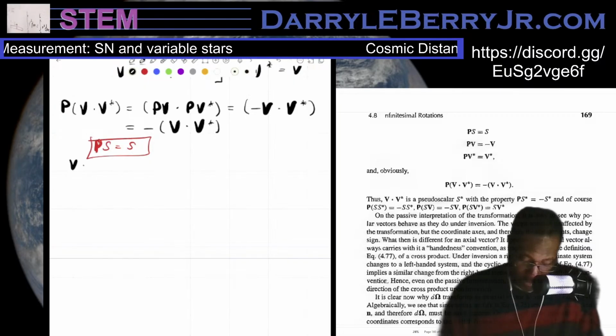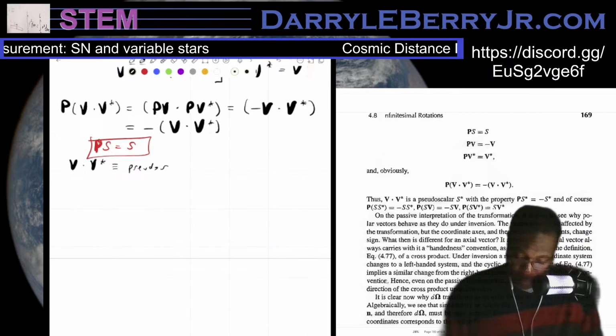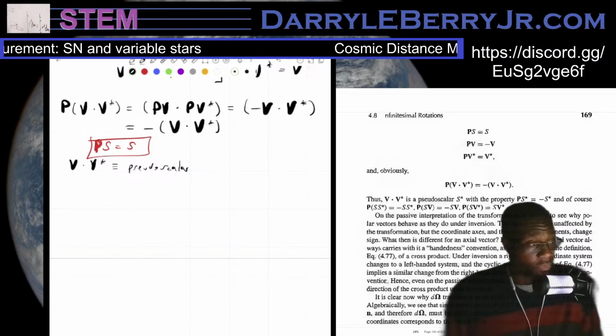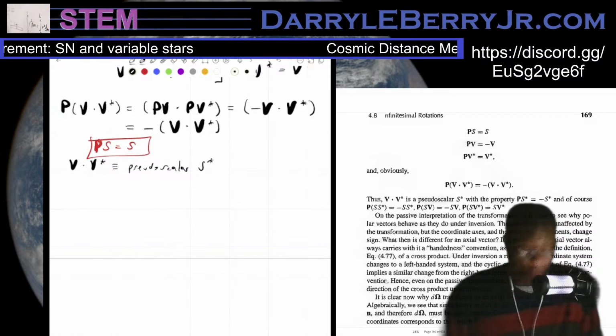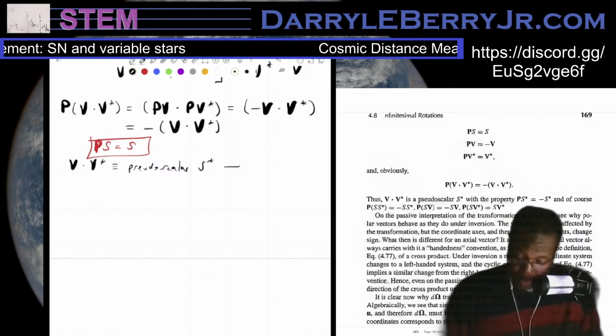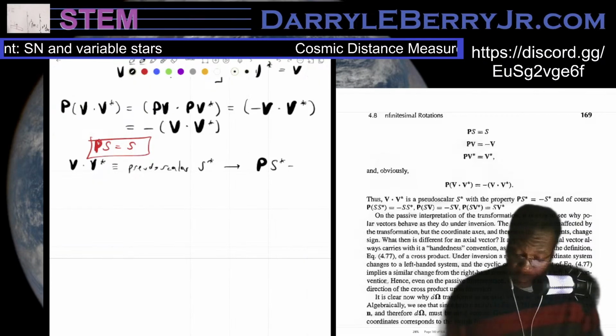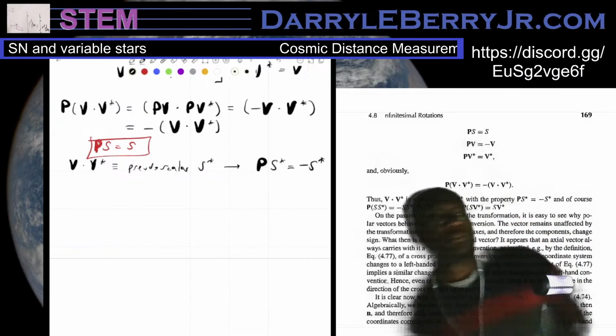V dot V star is a pseudoscalar S star, with P S star equals negative S star.